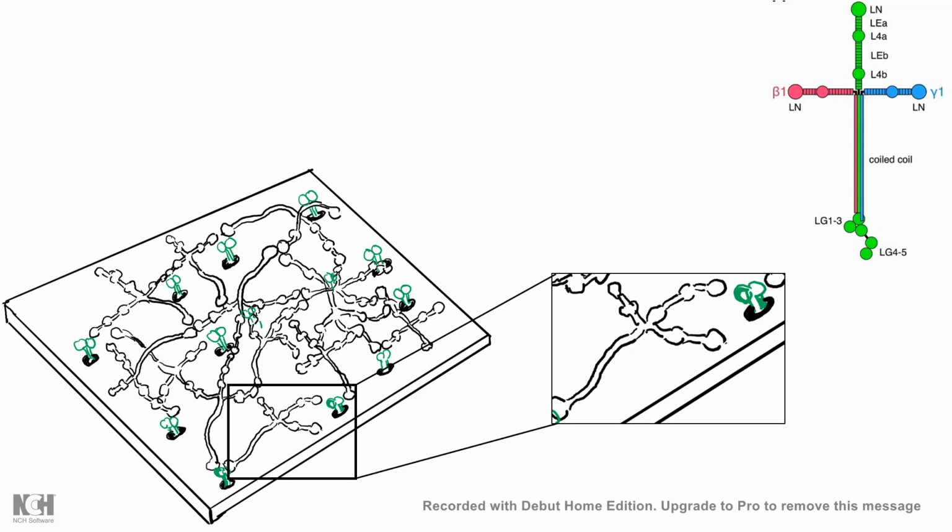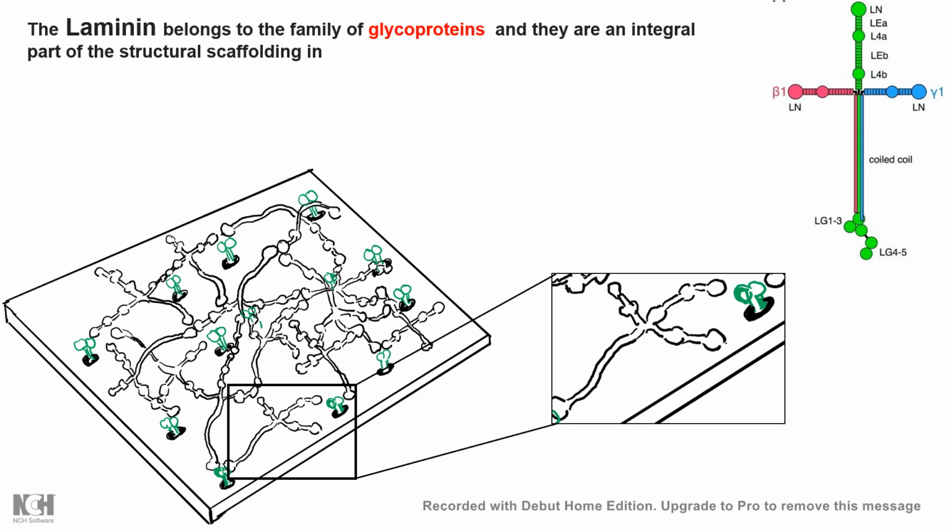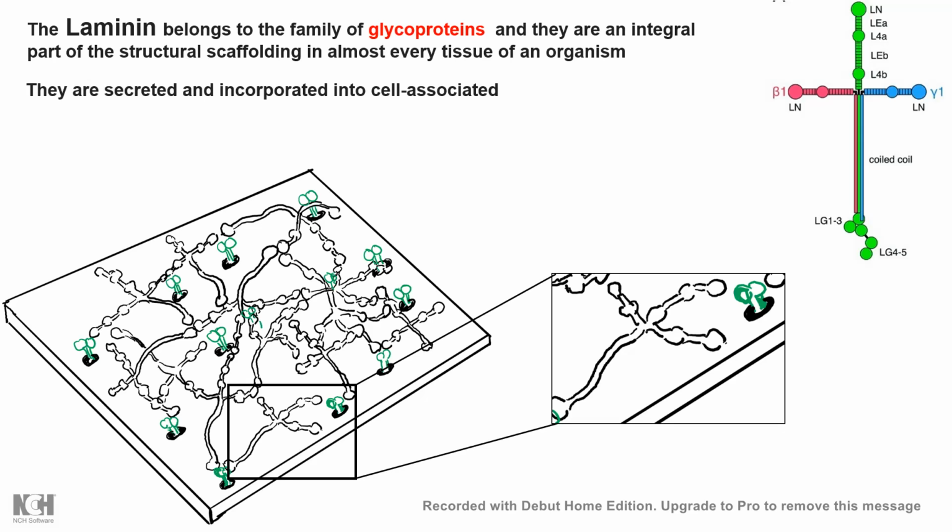Before we move on to the functionality of each domain and what it interacts with, we should know that laminins belong to the glycoprotein family, and they are present in almost every organism. So the next question is, where does laminin come from? It turns out the epithelial cells, and many other cells, secrete laminin to be a component of the extracellular matrix.